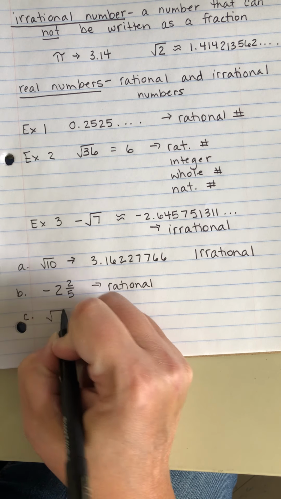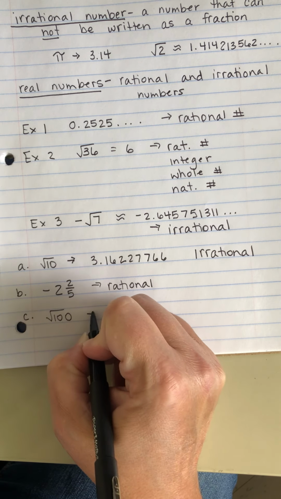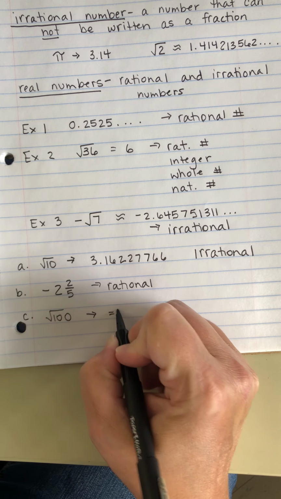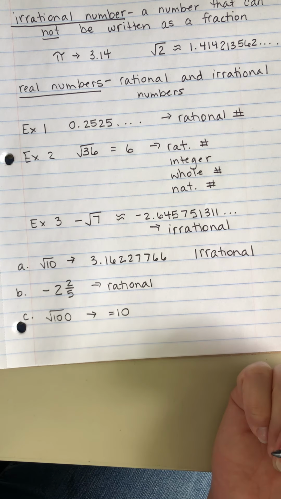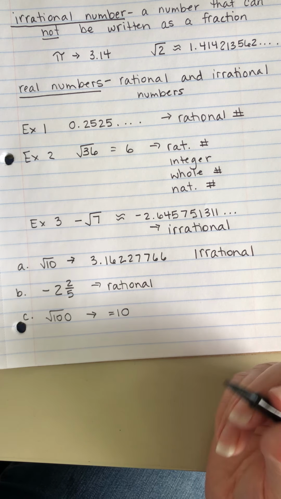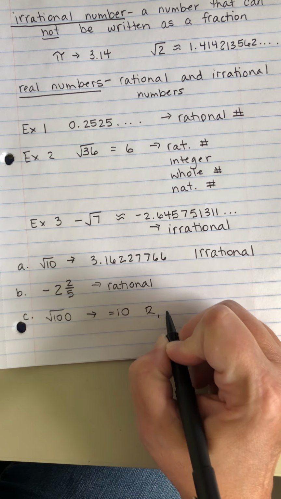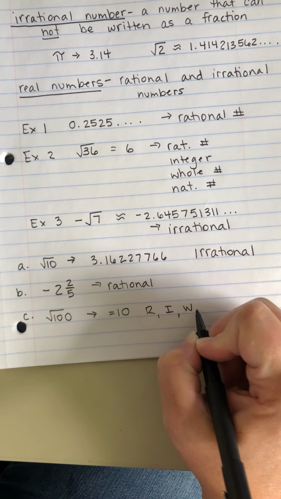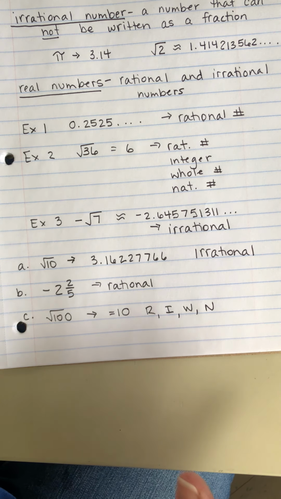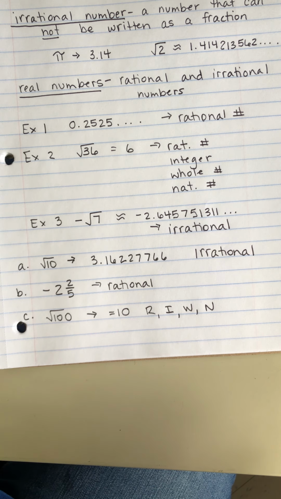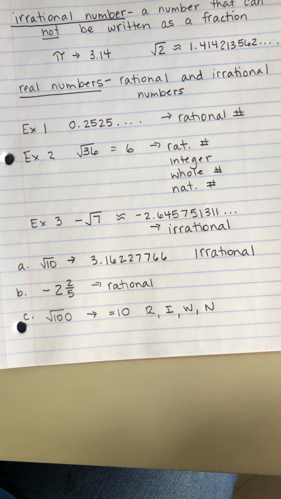C, square root of 100. Well, the square root of 100 is equal to 10, and 10 is going to be similar to example 2. It's going to belong to all of the sets. It's going to be rational, it's going to be an integer, it's going to be a whole number, and it's going to be considered a natural number. Okay, moving on, the next set of examples is comparing and ordering these.